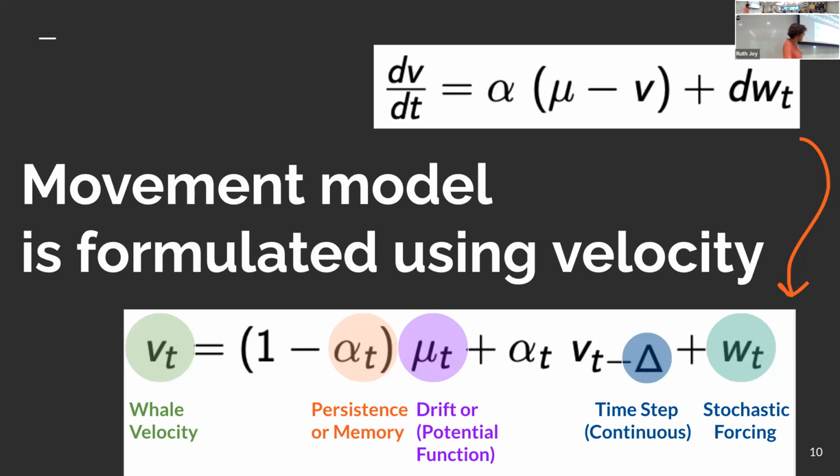So we can discretize the Ornstein equation at the top to get whale velocity using whale velocity at the previous time step, plus some drift, or what we term in this model as the bias, that pulls the animal towards places where it would like to be. And then the behavioral parameters here act as a weighted term that balances the velocity at the previous time point and where it would like to go.